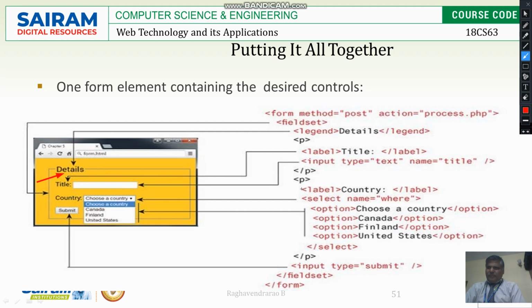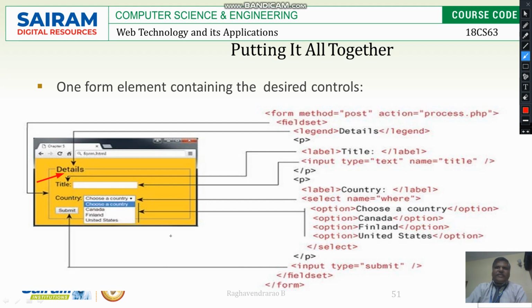Then a paragraph, the label is country, then a select option with a name given. You can choose among the countries: choose the country, then Canada, Finland and United States. Those are displayed here. Then select ends, the paragraph ends, input type is submit, the submit button, and the field set and form end.